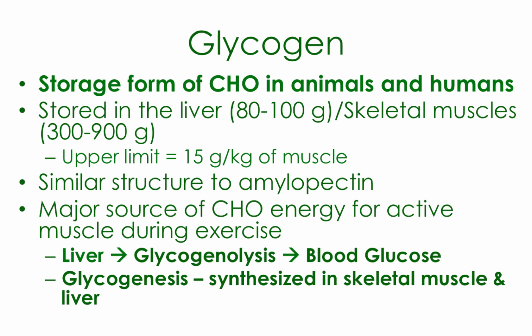The liver is what's called altruistic because it donates or gives glucose to all parts of the body, whereas skeletal muscle is very much selfish. This is because, well, we'll talk more about that in a later day, but I won't talk about it now.